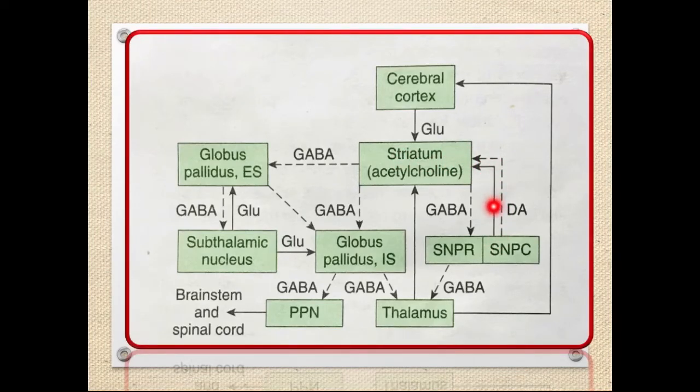That's what will happen in Parkinson's. So for the time being, forget about how it increases, that we will cover in the Parkinson part. But remember, within the striatum 95% are GABA-releasing neurons, but still 5% are there. They release acetylcholine and somatostatin too. Okay.